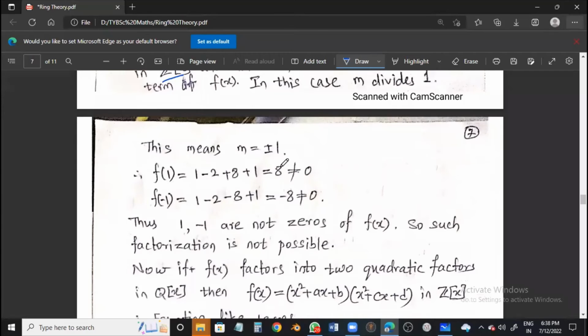It becomes 8 and it is non-zero in Q. If you put x equal to minus 1, then you are getting this value to be minus 8. So again it is non-zero. So 1 and minus 1 are not zeros of f of x. So such a factorization is not possible.